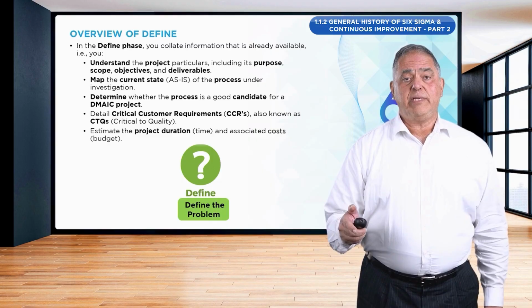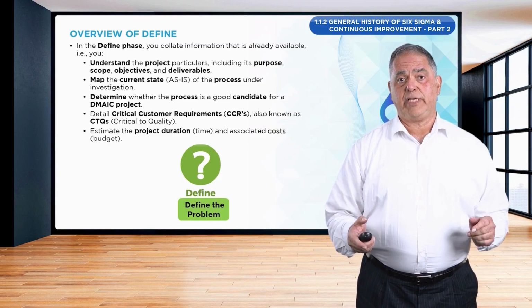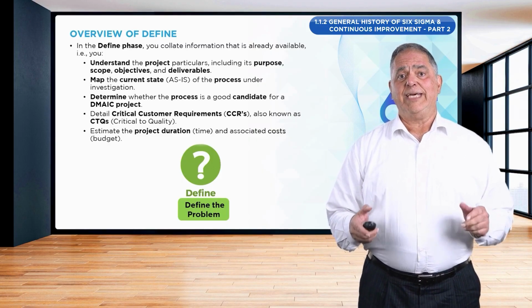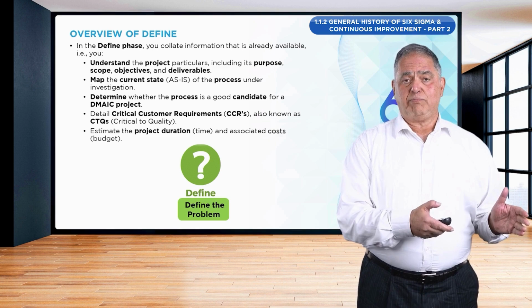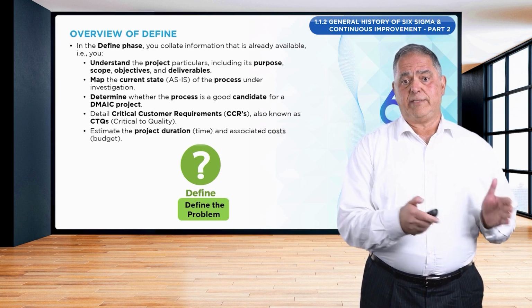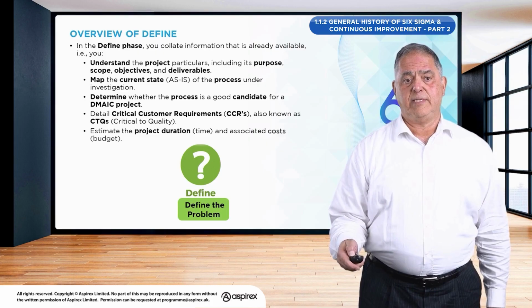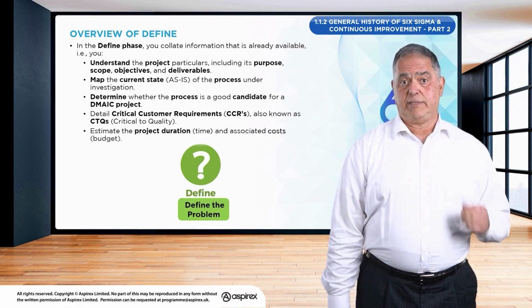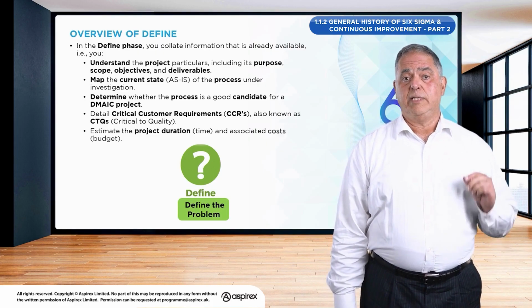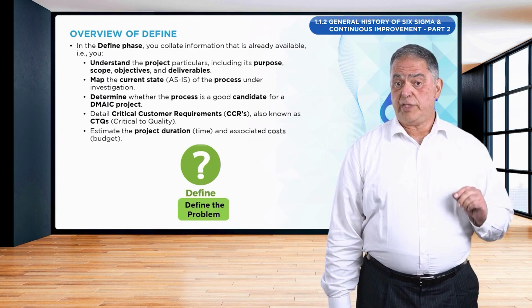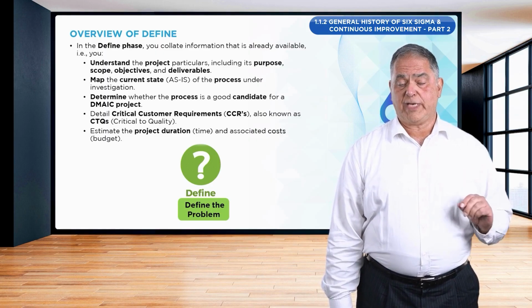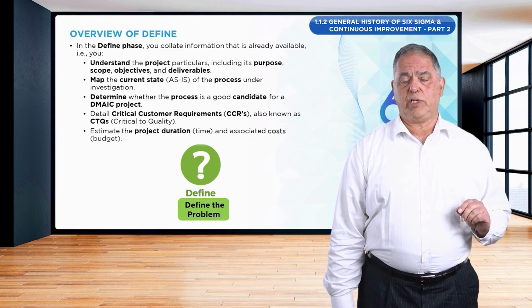We determine, based on criteria set by the business, if this process is a good candidate for a DMAIC project. And something very, very important, which represents the voice of the customer or the voice of the client, as it is well known.